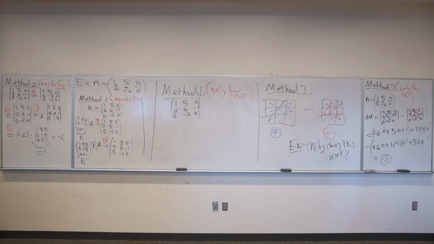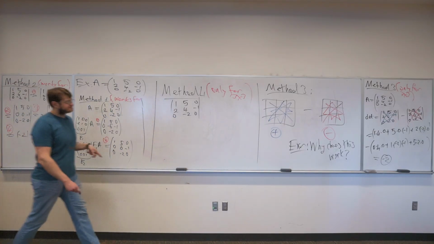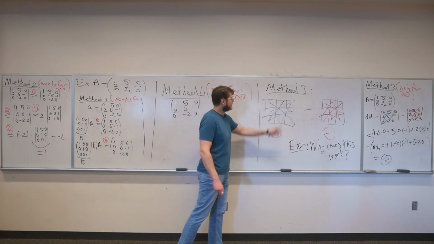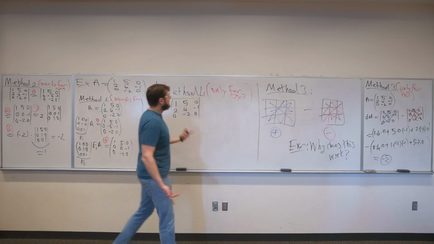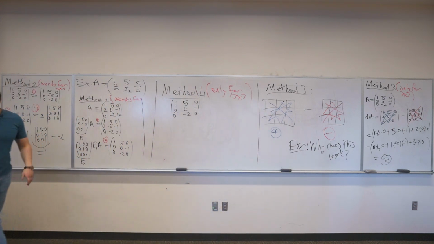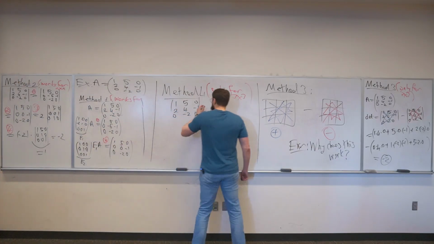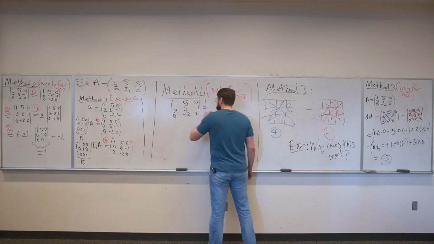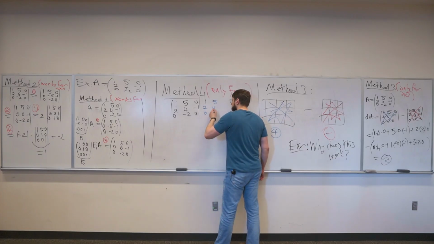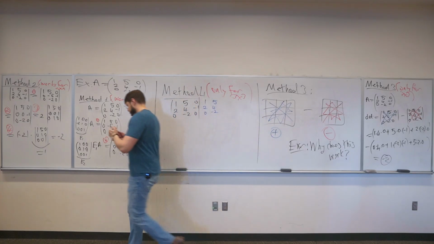Now, it's essentially the same method as method 3, but instead of looking at triangles, you basically unfold. What you do is, you duplicate the first 2 rows, or first 2 columns, it doesn't really matter. Let's just take the columns, in fact. Write it like this. Okay.